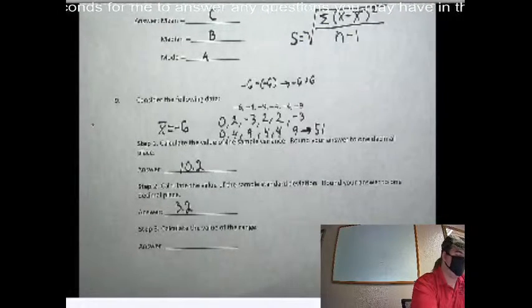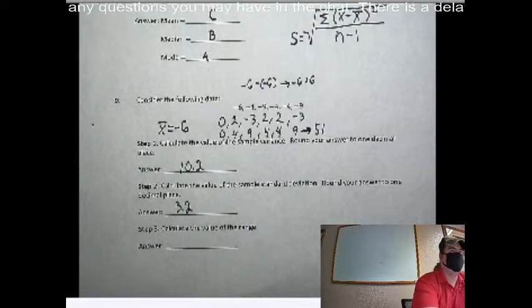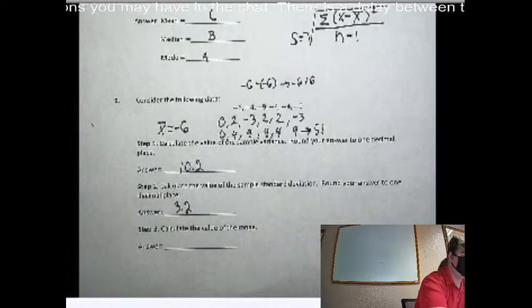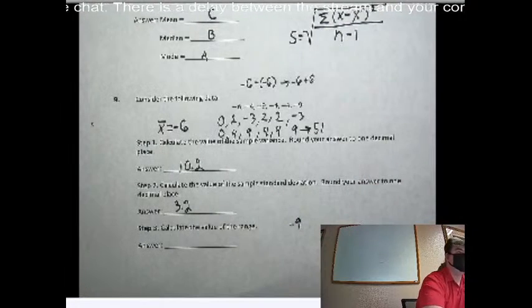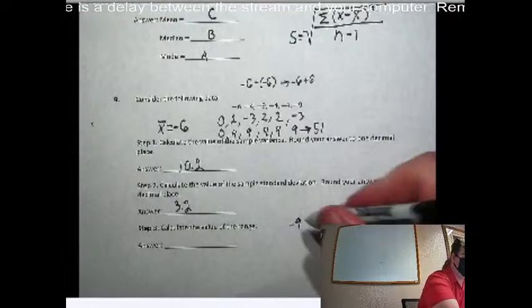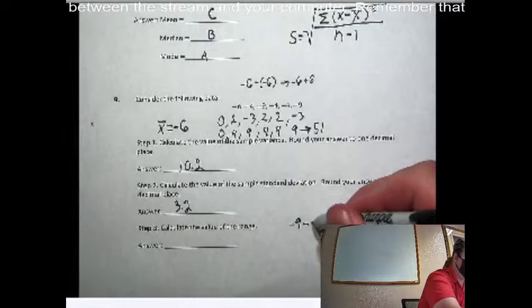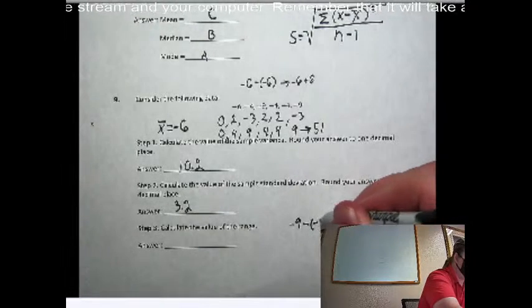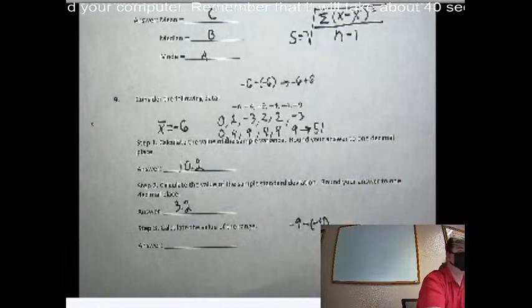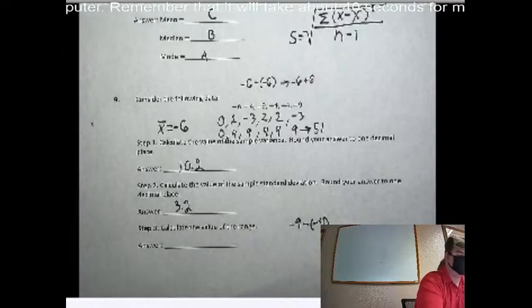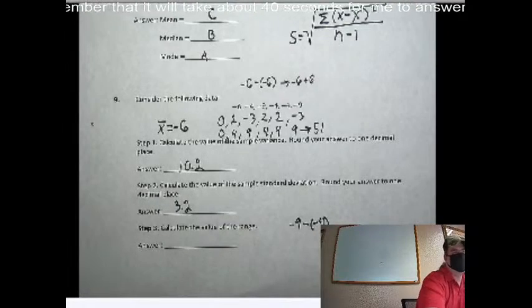All right, and calculate range. So our range, highest number is negative 9, minus the lowest number, so this turns into plus 4.